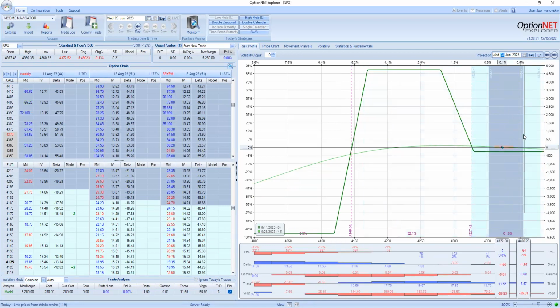Where's my stop today at minus 500? 41.40. So in about 21 days, my stop goes from 41.40 down to about 41.25. So my stop is actually 15 points lower 21 days from now. In any event, we always want to see, all right, where am I out $500-600? That is what I'm willing to risk. That's what I'm willing to lose in this trade.